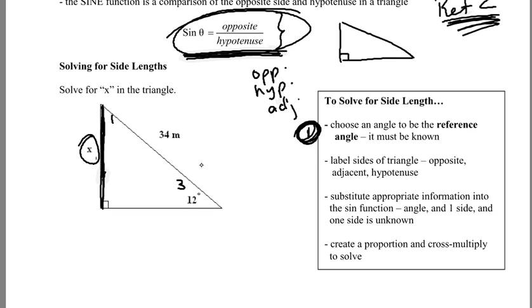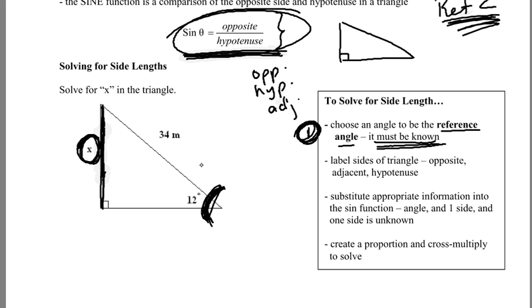So if I'm trying to find x, angle 1 or angle 3, which angle should I use? Well, in order to find something I don't know, I have to use information that I do know. So our reference angle has to be known. We're going to have to work with the 12 degree angle in this question because our reference angle must be known. We have to use what we know to find what we don't know.